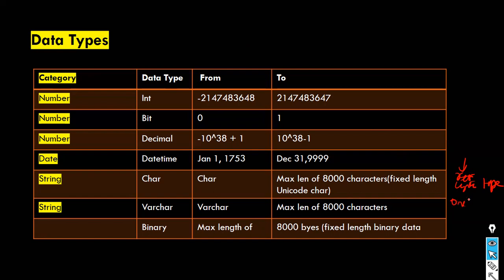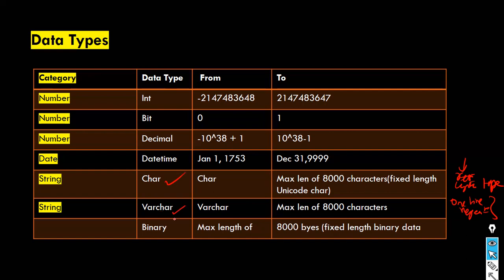You have two types of customers, one time and repeat. In that kind of situation, you are pretty sure the width of this column will not change over a period of time. In that case, you can go for char.